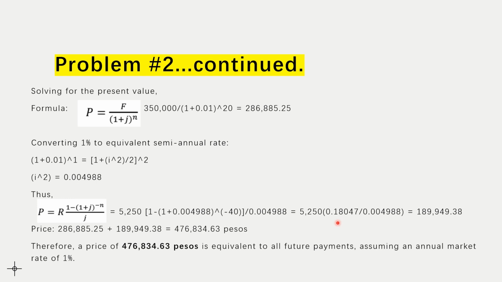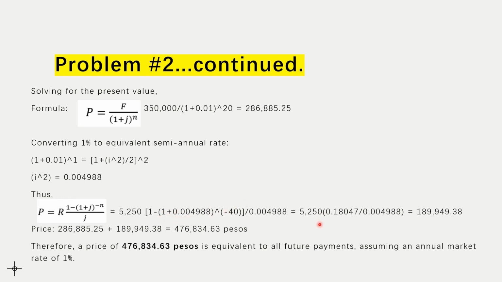Please solve with me. Otherwise, just inform the math club if there have been errors in this PowerPoint, but I hope not, because I've double checked it. This value 0.18047 is divided by 0.004988, which is our denominator from earlier. We just got the value of this part, raising it to negative 40 and then subtracting 1.